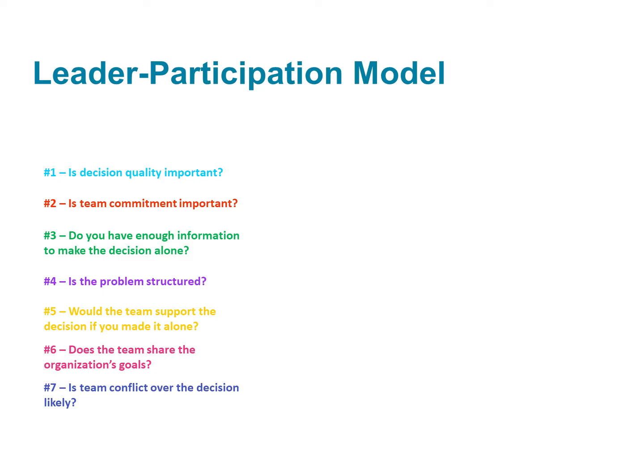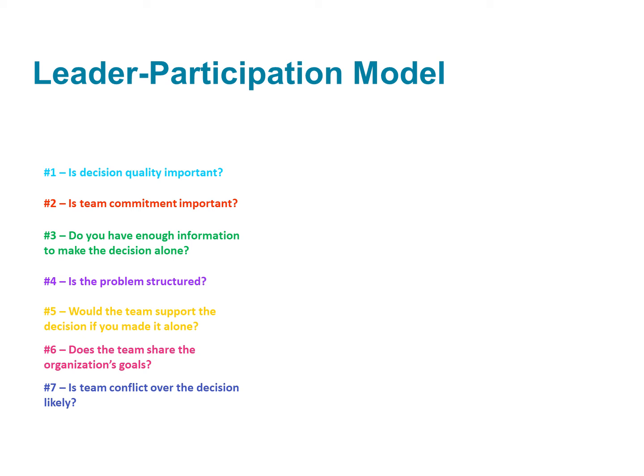The first thing you do is answer these 7 yes/no questions to diagnose the situation. As you can see, the questions gather information about the importance of decision quality and team commitment, whether you have enough information to make a decision on your own, the task structure, whether the team would support you if you made the decision on your own, whether the group shares the organization's goals, and whether team conflict is likely.